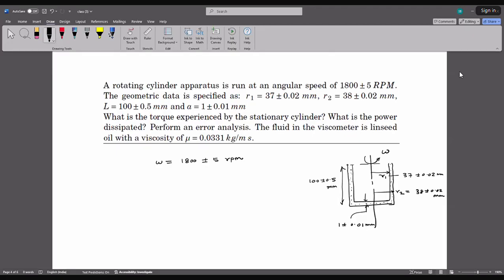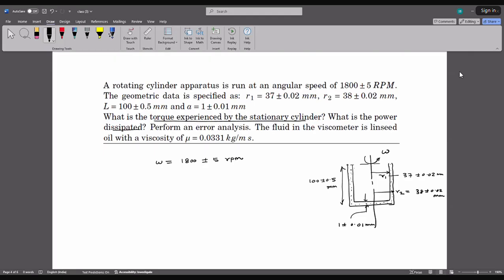What is the torque experienced by the stationary cylinder? So this inside cylinder is typically stationary. The outer cylinder is rotating. So what is the torque experienced by the stationary cylinder? Number one. Number two, what is the power dissipated?